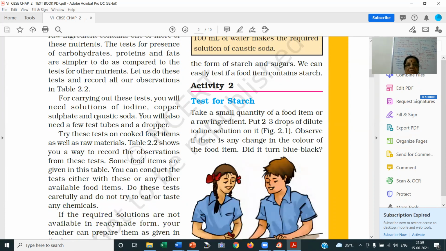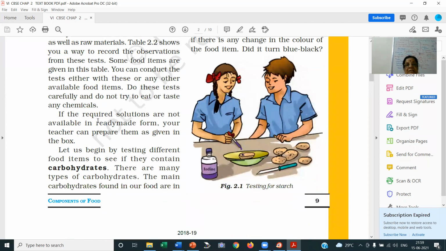So, this is the test for starch. Just understand the experiment. Test for starch, we have done the starch iodine test. Here they have taken potato as a test sample, a boiled potato, and they are adding iodine solution.